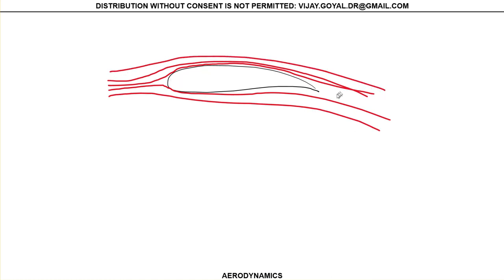Your stream looks something like this. So what happened is, let's suppose I am interested in knowing what's happening at one point, and let's take this surface area. Okay, remember this is the airfoil, right? So this is actually part of a full wing, and I am taking a small surface area of that airfoil, and we're going to call that surface area delta S.